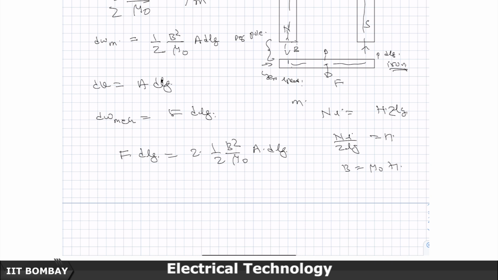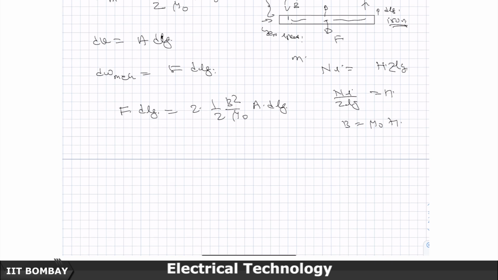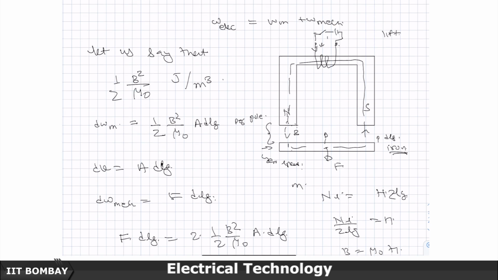Because I am not allowing the current to change, actually, I have shown here as a DC, but let me show this as a current source here instead.